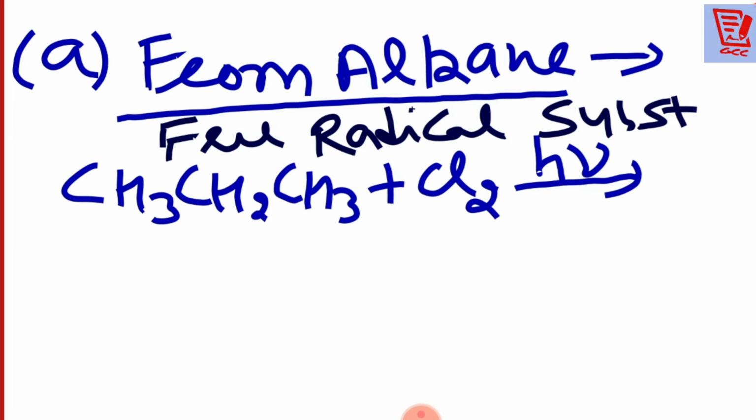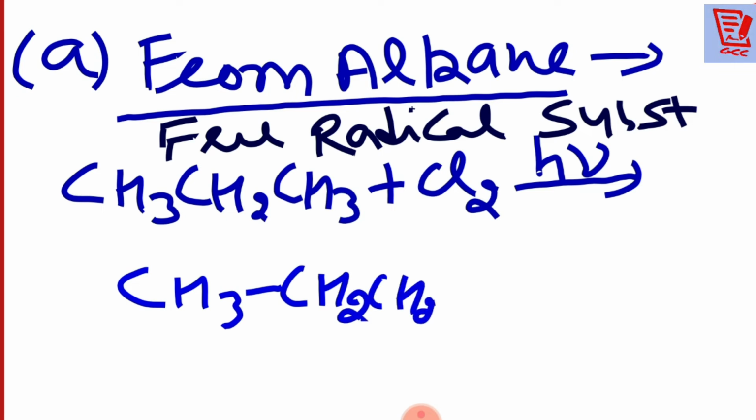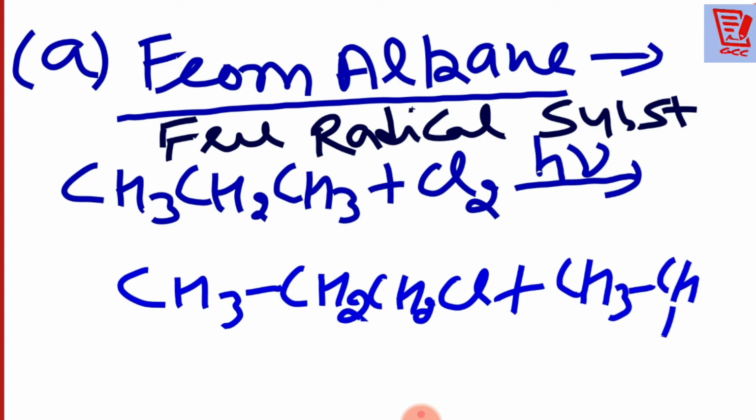Now when we have done that, substitution is there, so it can give the product CH3CH2CH2Cl, or it can give CH3CHClCH3. See, two products are forming.